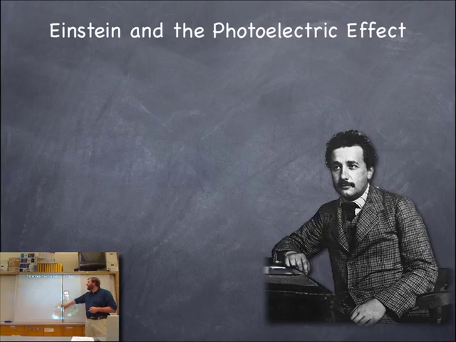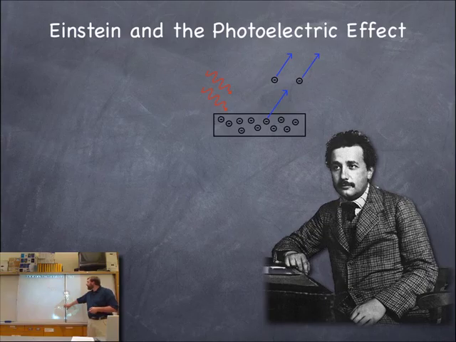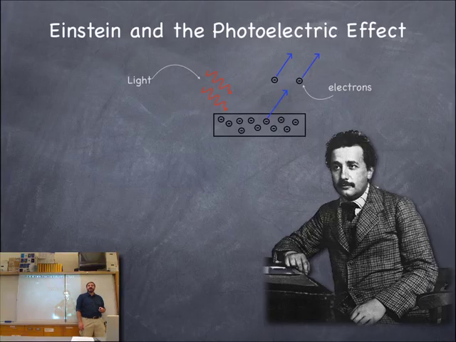Einstein is working on the photoelectric effect, which is trying to understand how light interacts with matter. There are certain types of materials, in particular metals like selenium and other metals, where if you shine light on them, they emit electrons. So the light hits the metal and it kicks off electrons. And what's really interesting about this light to electron transition is that there are some real interesting things here.